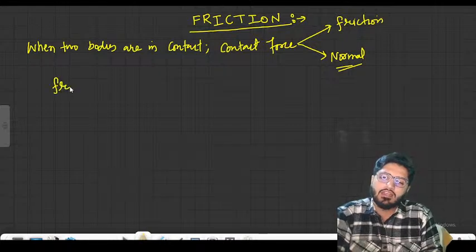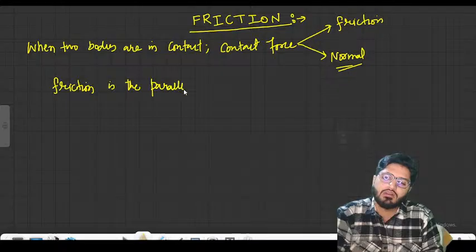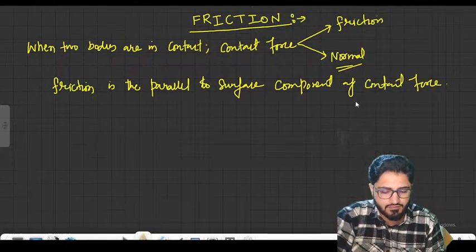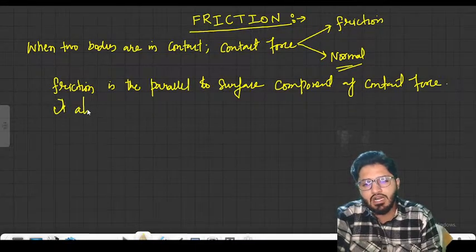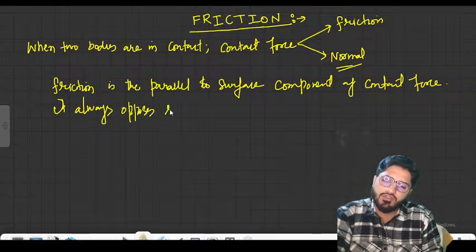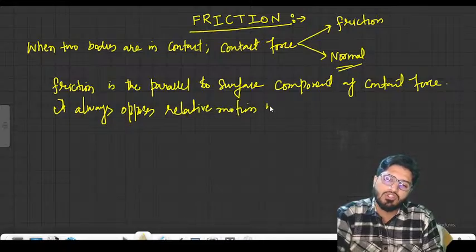So I can write here: friction is the parallel-to-surface component of contact force, and it always opposes relative motion between surfaces.